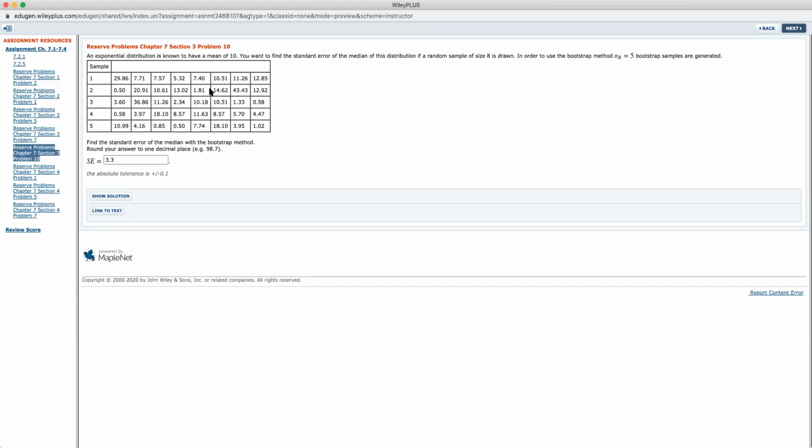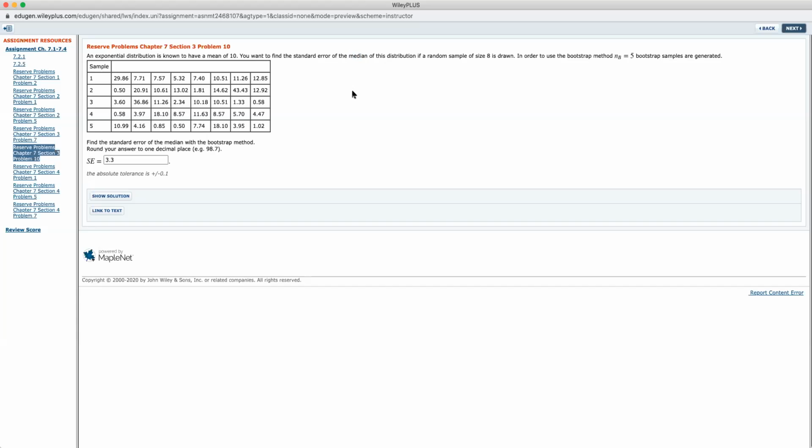So what are you going to do? We have to find out the bootstrap estimate, right? Here, what we want to do is estimate the population parameter. Here, the population parameter we want to find out the estimate of is the median, right? So you want to find the standard error of the median of this distribution. So now the median, that's the population parameter.